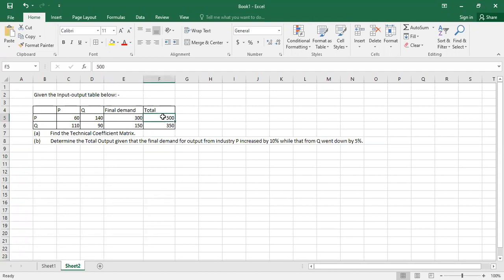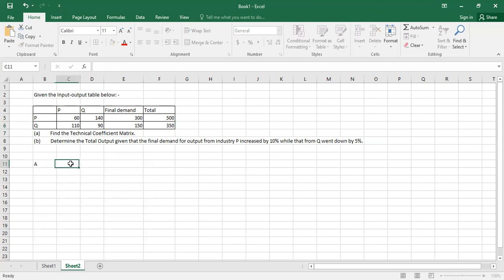So we are talking of this sector of the economy giving 60 out of 500, right? Then I have Q, which is 140, giving us an output of 350, because this is our Q.